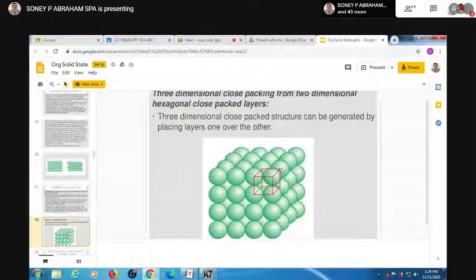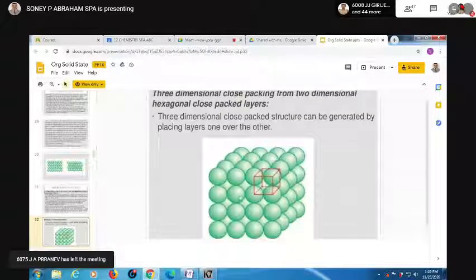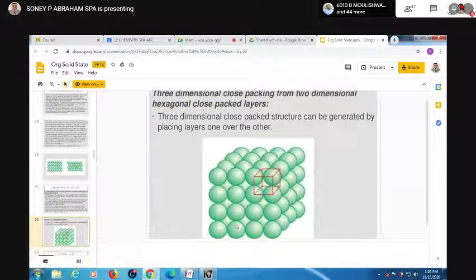A primitive simple cubic lattice or a primitive simple cubic unit cell is generated, and this is what we call a simple cubic lattice.